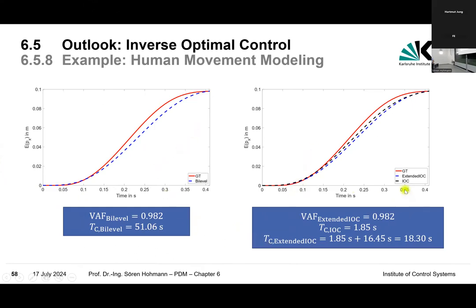Here is inverse optimal control, ground truth, and another inverse optimal control procedure. There's still a deviation, even if you do the best you can. The movement of the human is the red one, and even if you do IOC methods, whatever you take, bi-levels, you will not hit the trajectory.